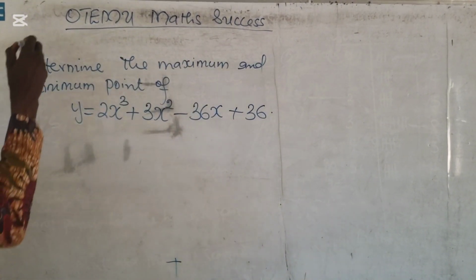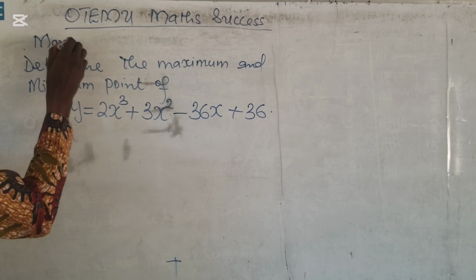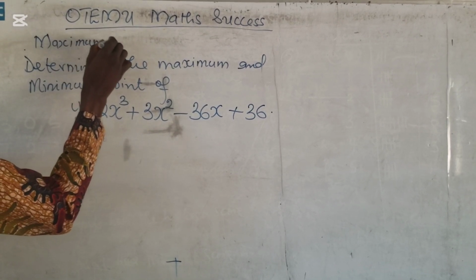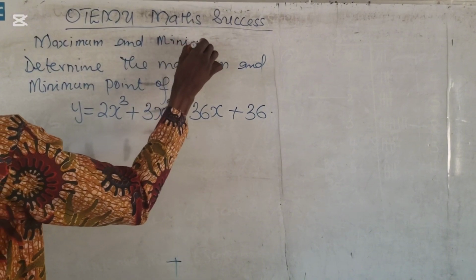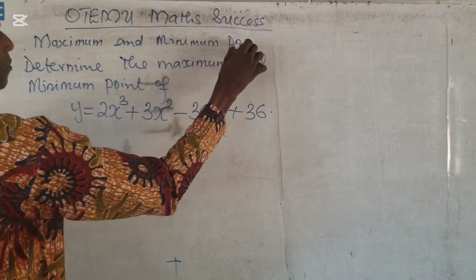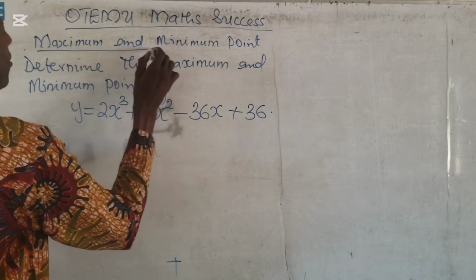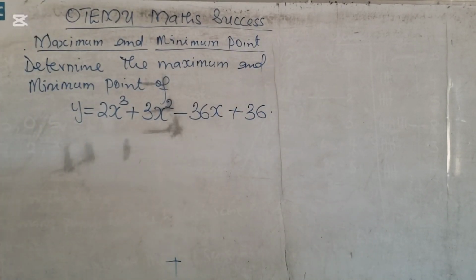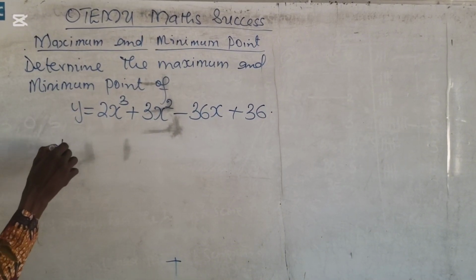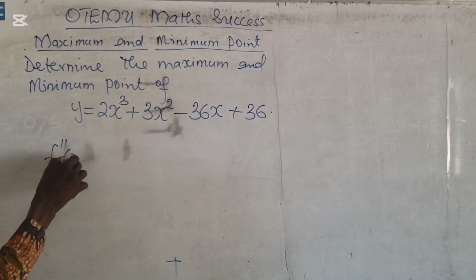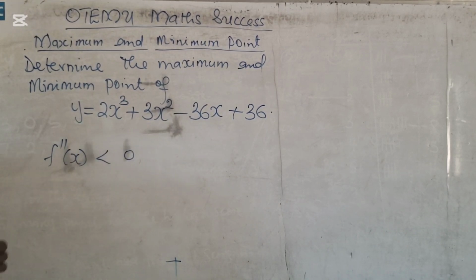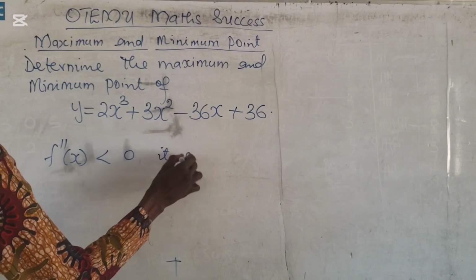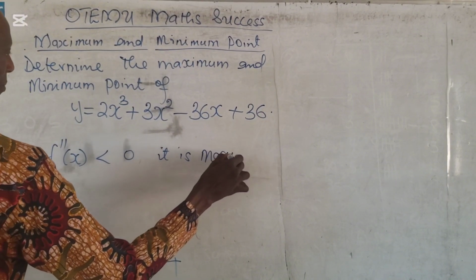I'll talk about the maximum and minimum points. Let's talk about the maximum and minimum point. When the second derivative is less than 0, it is a maximum point.